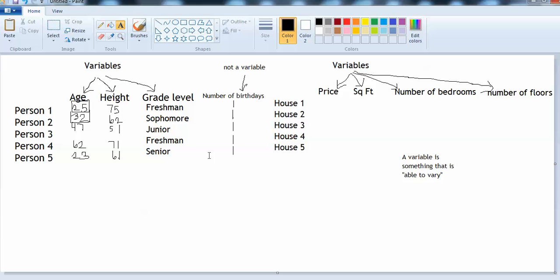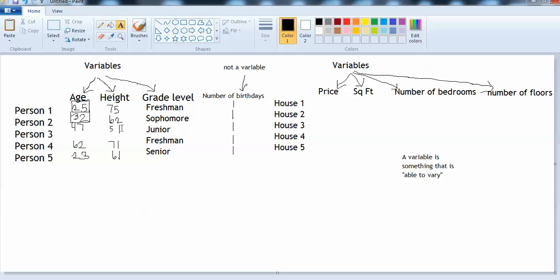And now we can talk about different types of variables. We can already see here that some variables are giving us numbers and other variables are giving us words. So when you think about the variable of height, each person's data value is a number or an amount.